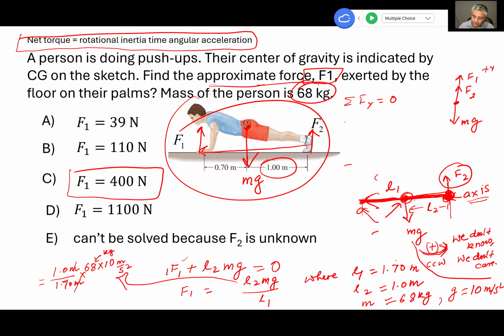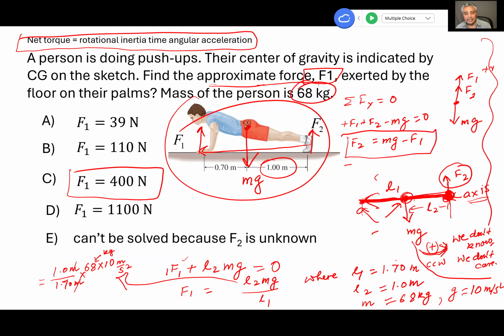Both of these are positive. So F1, F2, and mg is negative, is 0. So F2 is mg minus F1. So that's how you can calculate that force if needed. But in this question, you are not being asked to find that, okay? So again, this was question number 2 in the last worksheet.